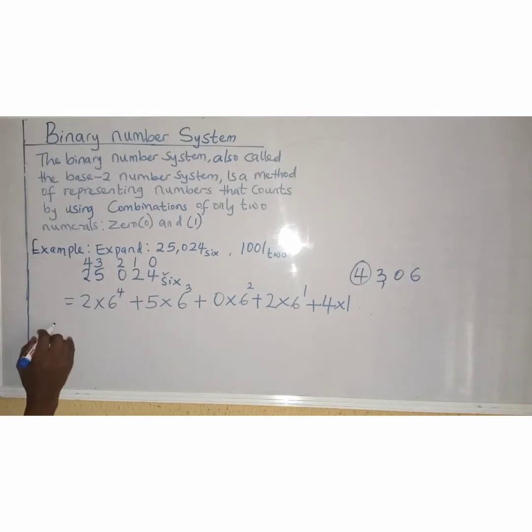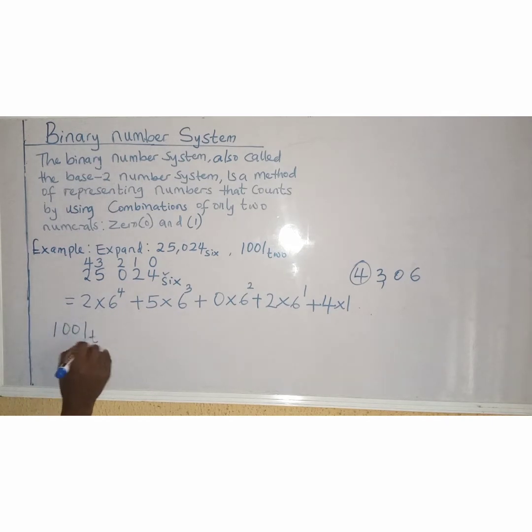The second one, we have 1001 base 2. You are asked to expand this. How do you do this? Same way. Number this first, 0, 1, 2, 3. And what do you do? It is in base 2.